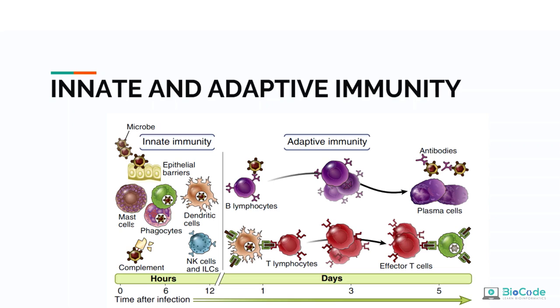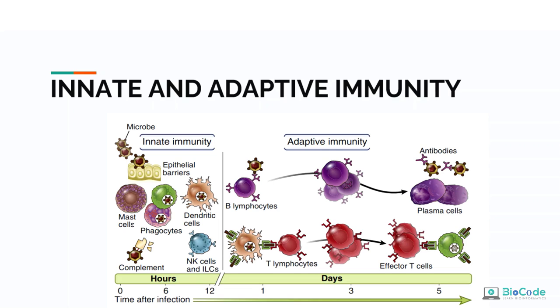The cells of adaptive immunity are mainly B lymphocytes and T lymphocytes. T lymphocytes are activated with the help of antigen presenting cells that present a fragment of the antigen of that pathogen to these cells, which activates them and they proliferate into effector cells.